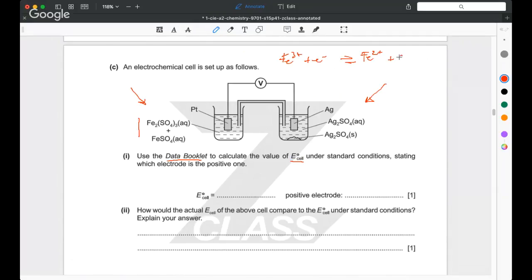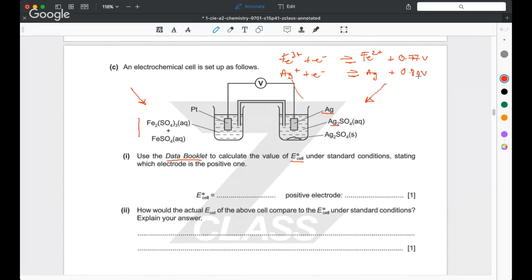And the electrode potential for that in the data book is 0.77 volts. And then on this side, you've got a silver electrode, and you've got silver ions in solution. And so the equilibrium that's set up, again, is a reduction. And you can see there that this silver ion is being reduced to silver metal. And the data book gives us 0.8 volts.